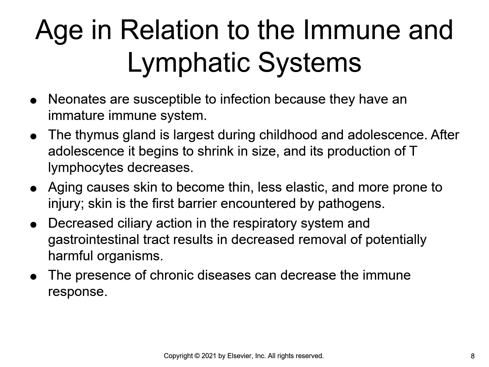Remember, the skin is the first barrier that is encountered by any pathogens. A decreased ciliary action in the respiratory system, as well as the gastrointestinal tract, results in decreased removal of potentially harmful organisms. The presence of chronic diseases can decrease the immune system.